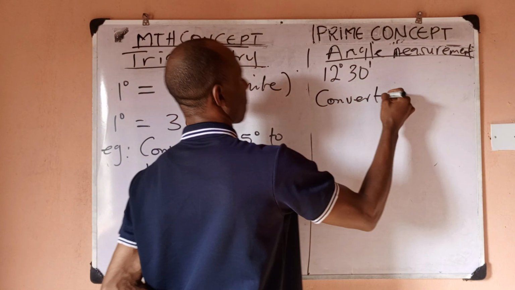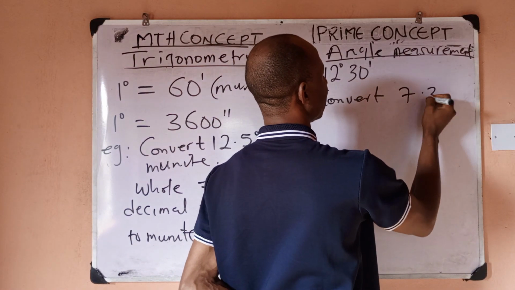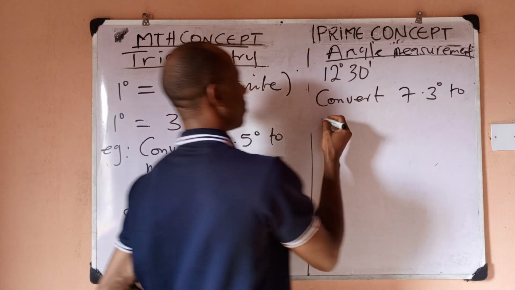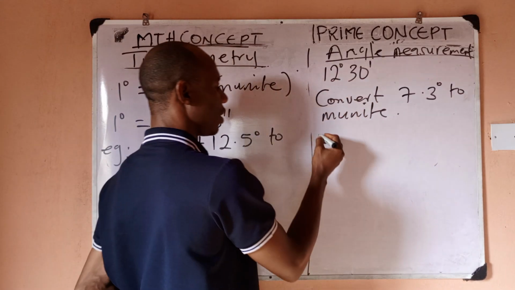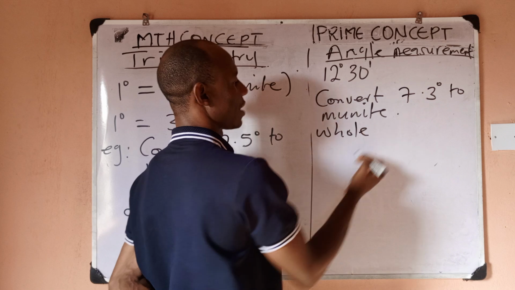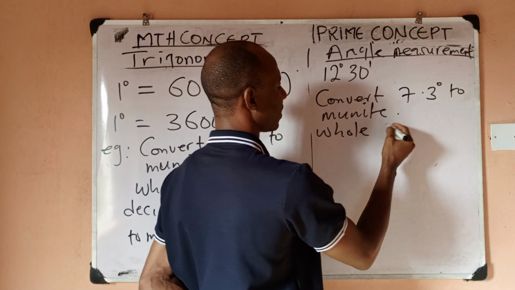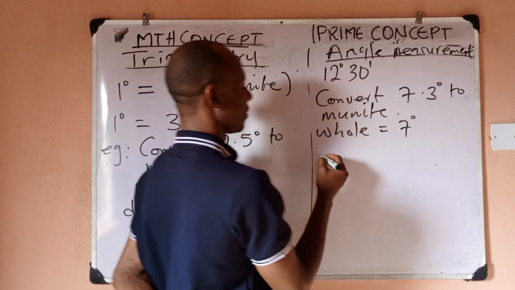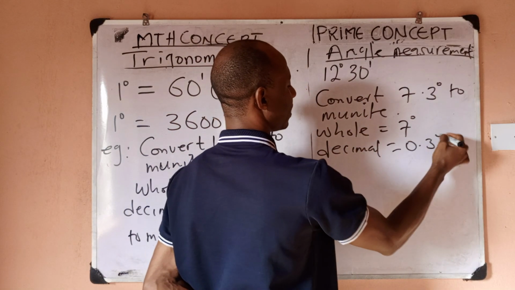I'll give you one more example. Convert, let's say, 7.3 degree to minutes. The whole part, because that is what we do in exams most of the time, is 7 degree. The decimal is 0.3 degree.